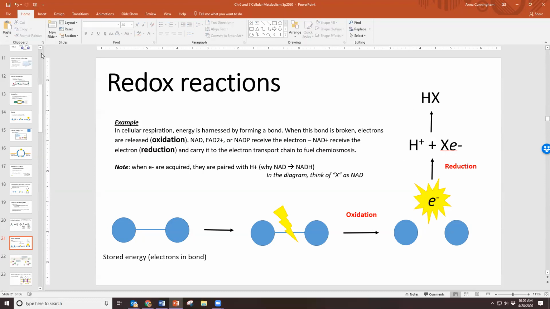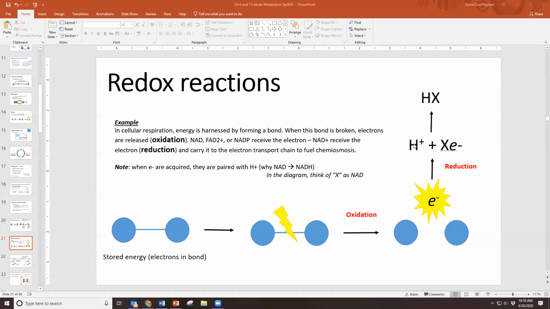So typically, you're not going to see a molecule gain a negative charge and be able to hang out, right? We don't have a lot of just negative charges or molecules carrying electrons around. In the body, we're all about neutralization. But also, as we will learn, hydrogens are really important for the electron transport chain. So what happens is we have this molecule oxidized. It releases an electron. Some molecule is reduced, so it gains that electron. But since this molecule gained an electron, a negative charge, it actually also grabs a complementary positive charge.